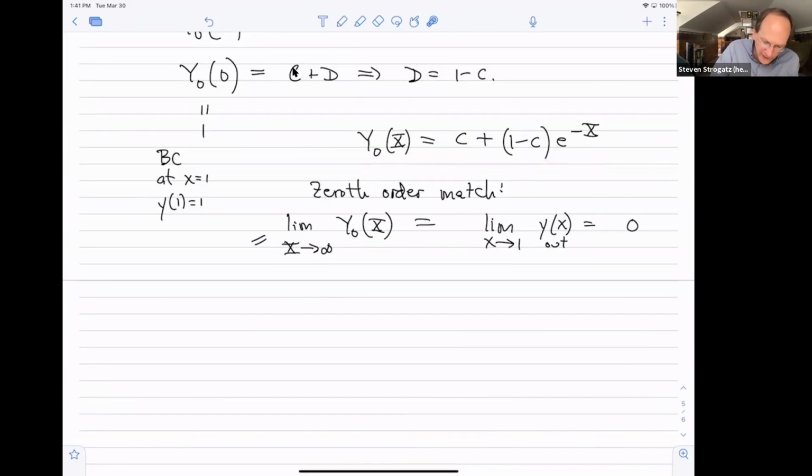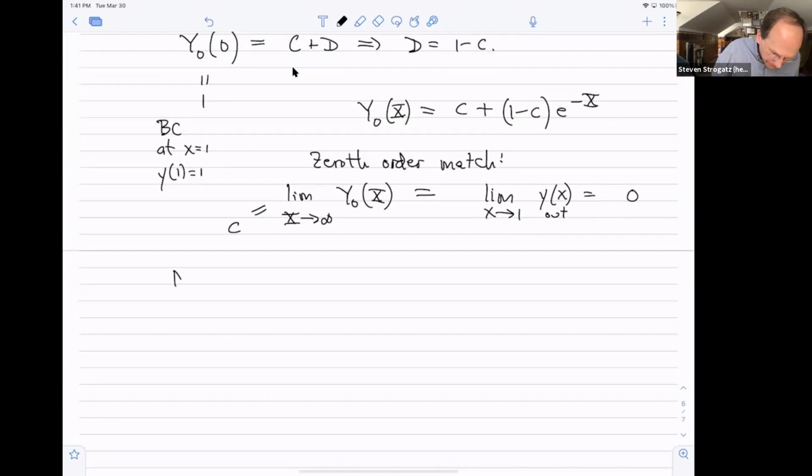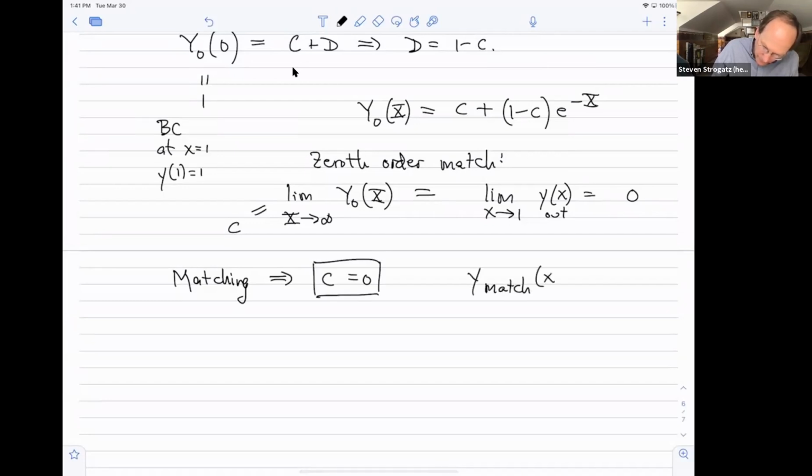This is going to give me C, because the e to the minus x term vanishes as x goes to infinity. So I'm led to the conclusion that C equals 0. And also this gives me my Y match as a function of X is this matched value of 0.